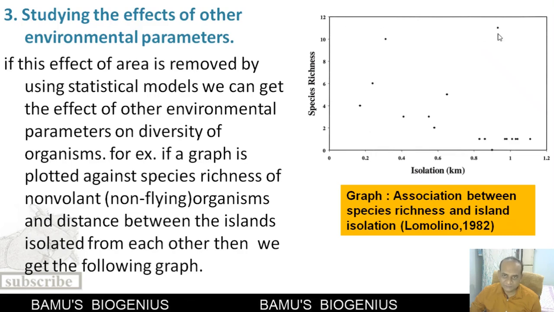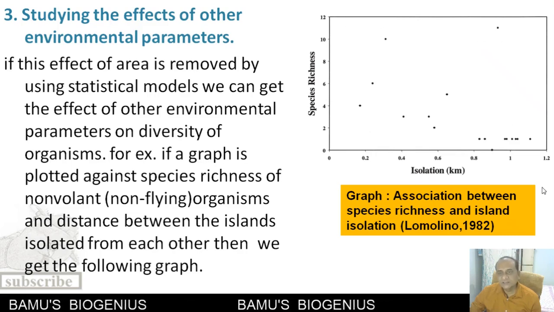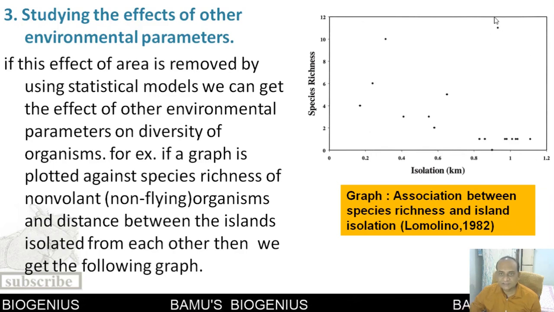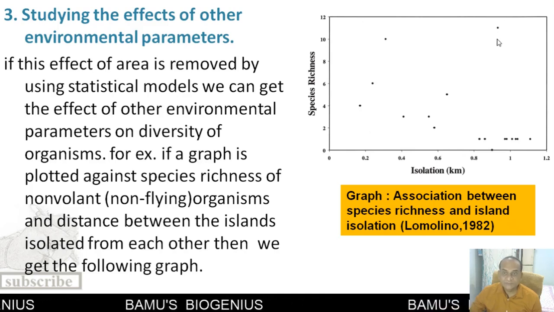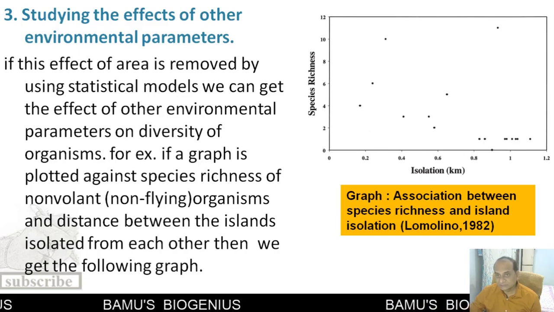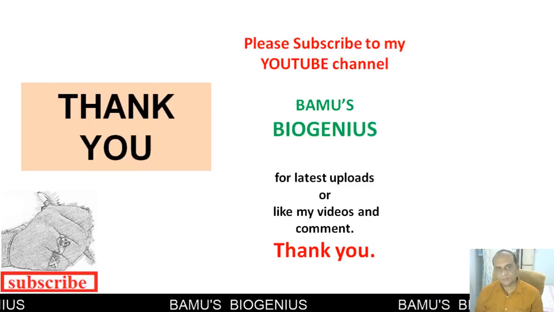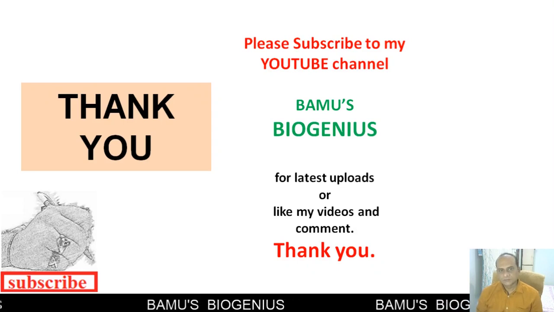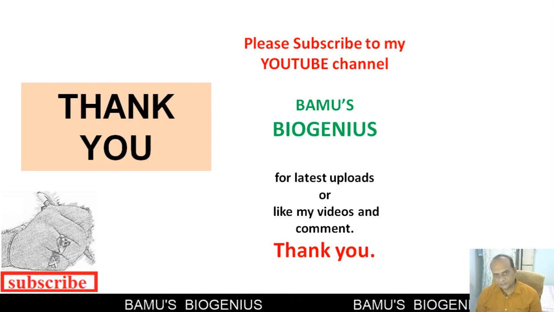So this is how we can see how other environmental parameters are responsible for increasing the species richness in particular regions of the world. So this is all about the species area relationship curve.